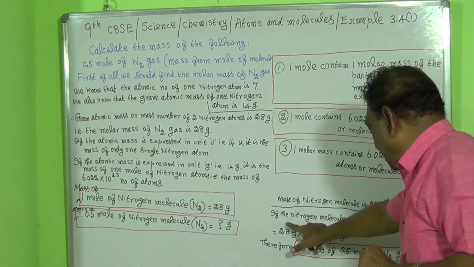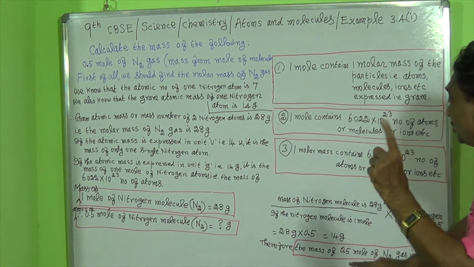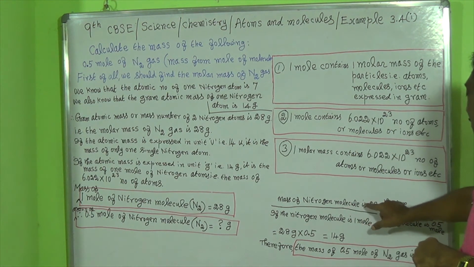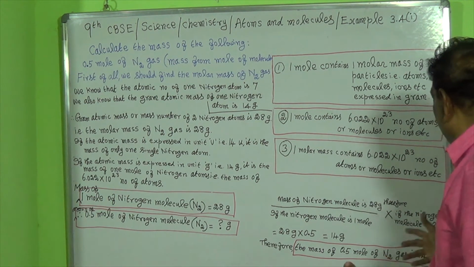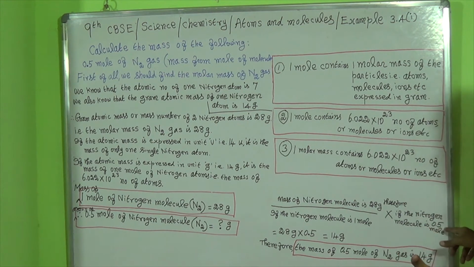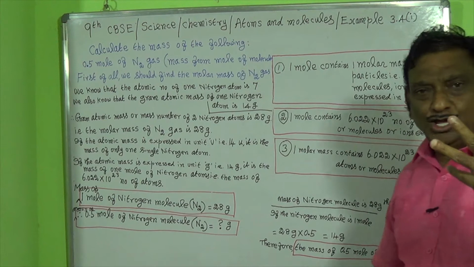If the nitrogen molecule is 1 mole, the mass of nitrogen molecule is 28 gram. Therefore, if the nitrogen molecule is 0.5 mole, what will be the mass of nitrogen molecule?